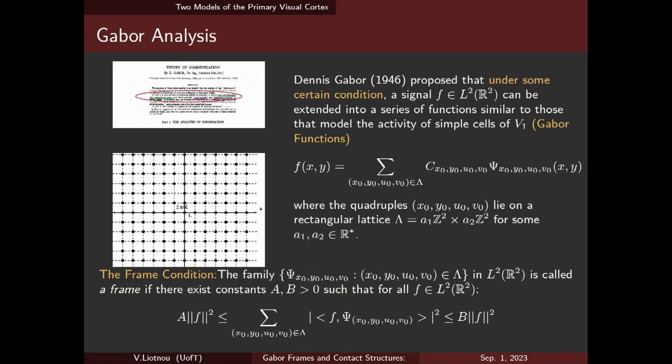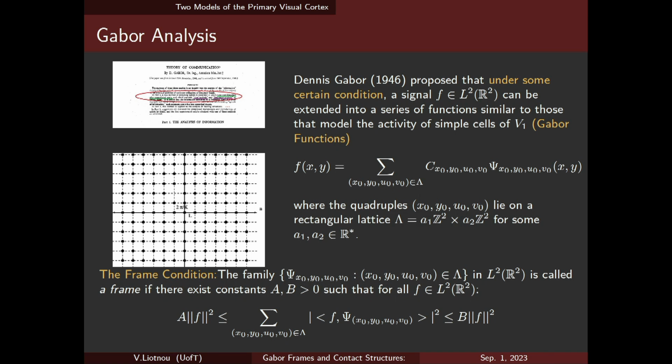The family of functions parameterized by this lattice has to satisfy some properties in order to be good enough to make the series converge. And this property is called the frame property, and it gives the name to the family of functions as well, called the frames, which is a weak Parseval identity, like the one from Fourier analysis.